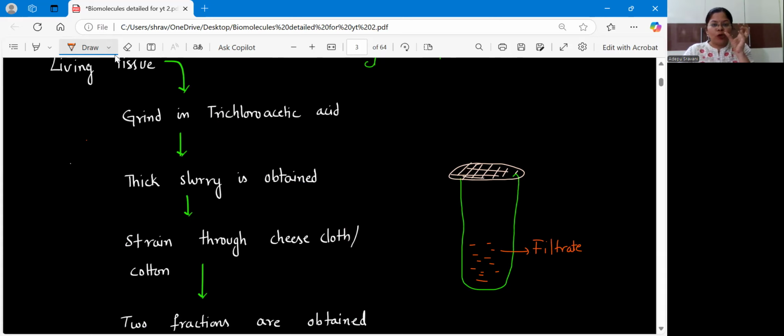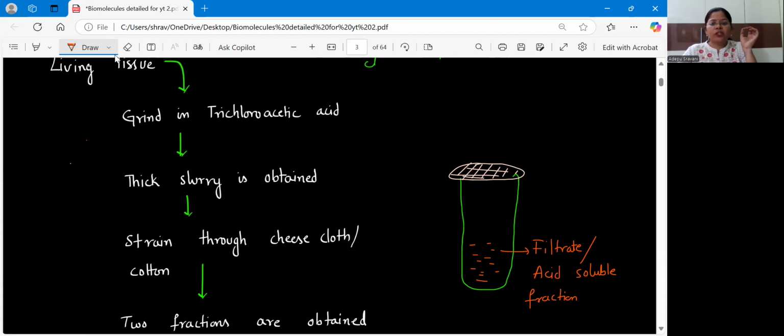So the part of the molecules which got dissolved in the acid will be filtered. We call it filtrate. Otherwise, it is also called acid soluble fraction or acid soluble pool.